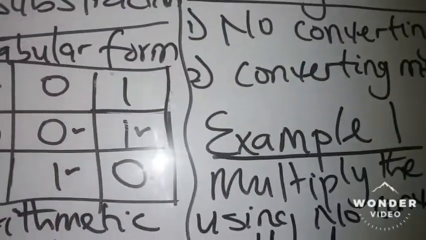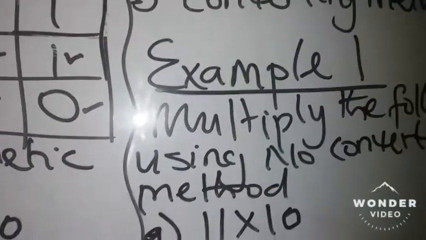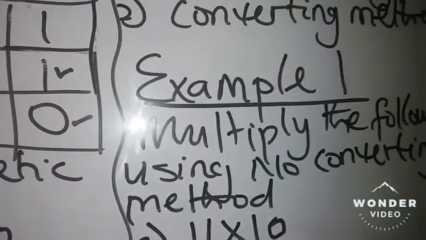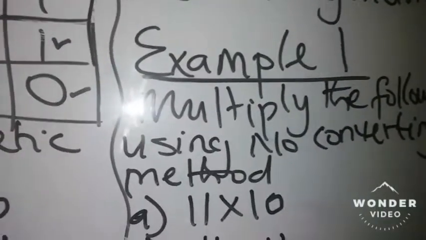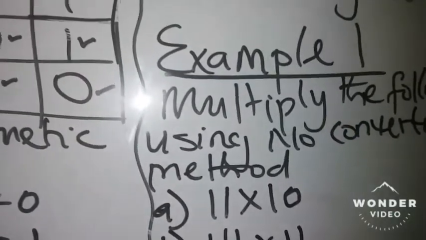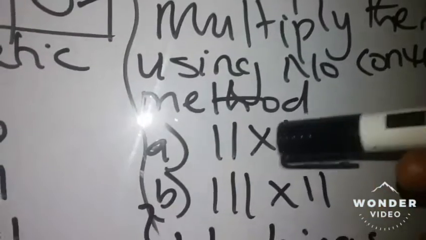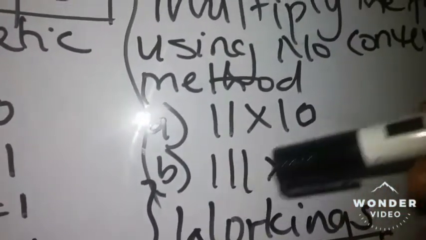This converting method is used when you have 3 or 4 or 5 digits, so it won't look cumbersome when you are multiplying, so that it won't take the whole of your page. But the no converting method is very good for small number figures, like 11 times 10, 111 times 11.